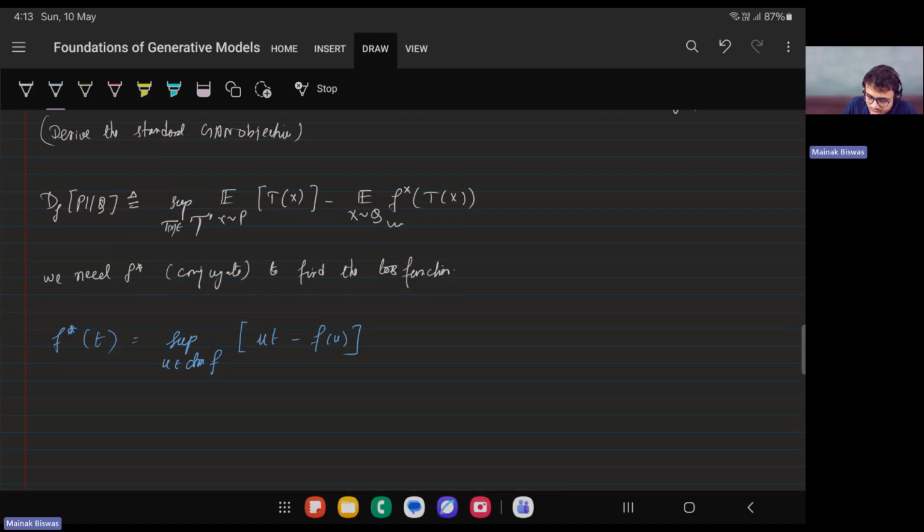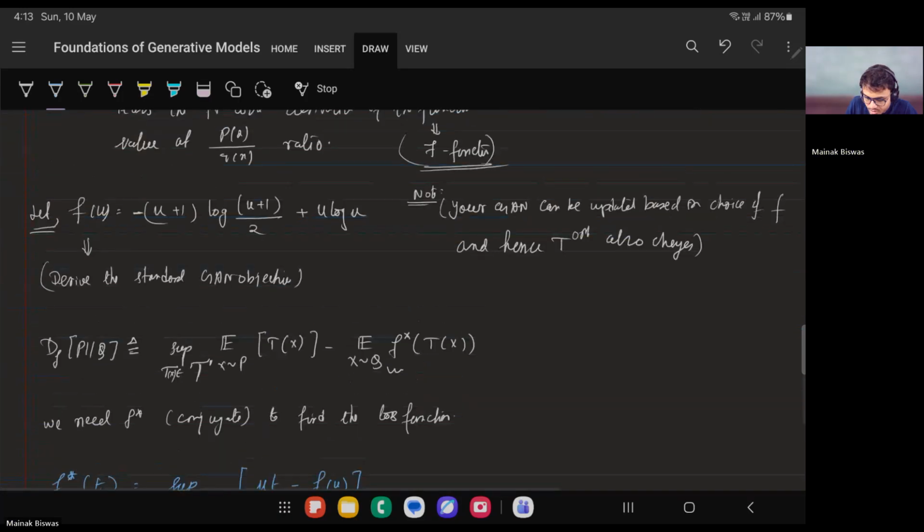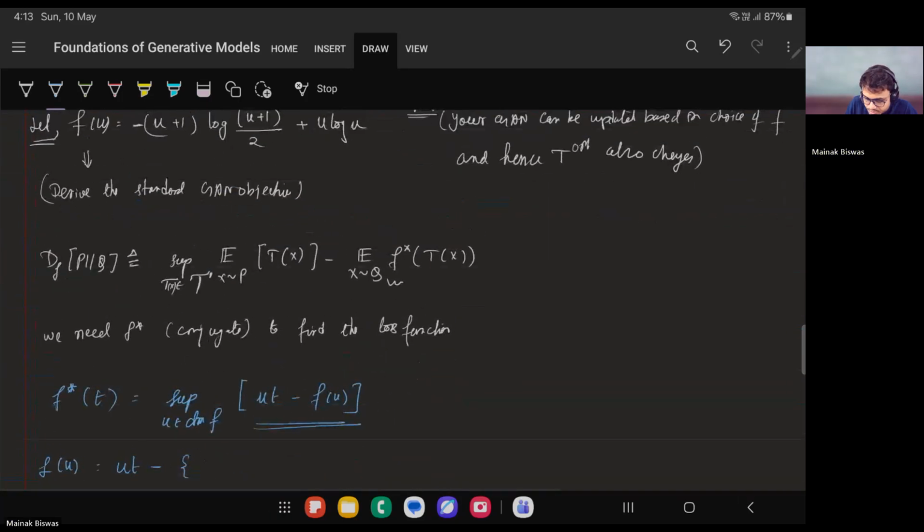So, okay, let's find out the supremum. Let's put the values that we know. So this is u t. My L of u is defined as u t minus the function, with u plus 1 log of u plus 1 by 2 plus u log u.